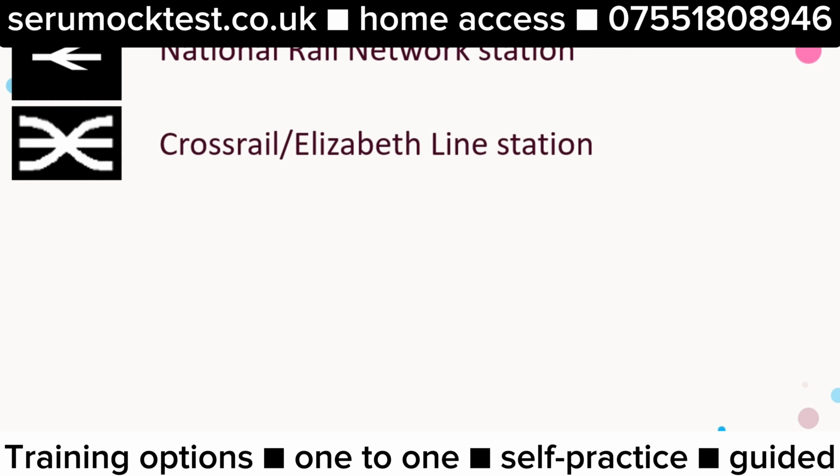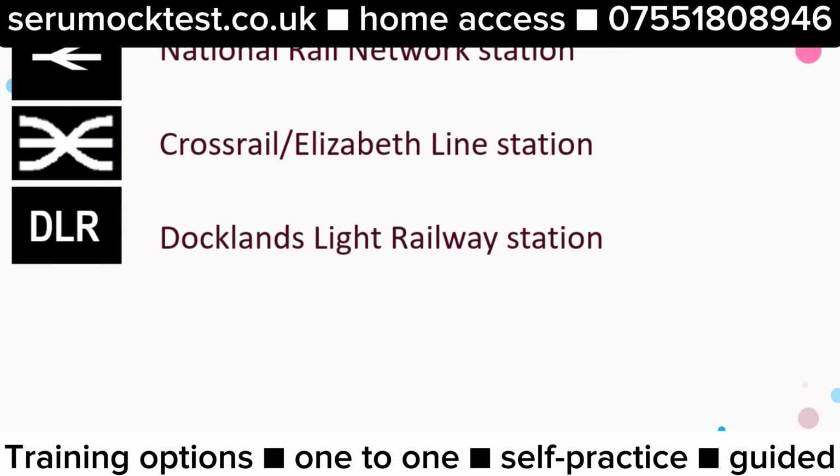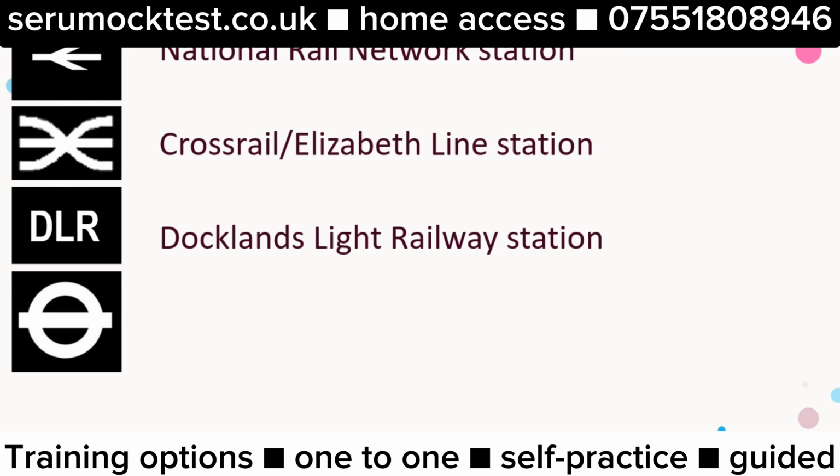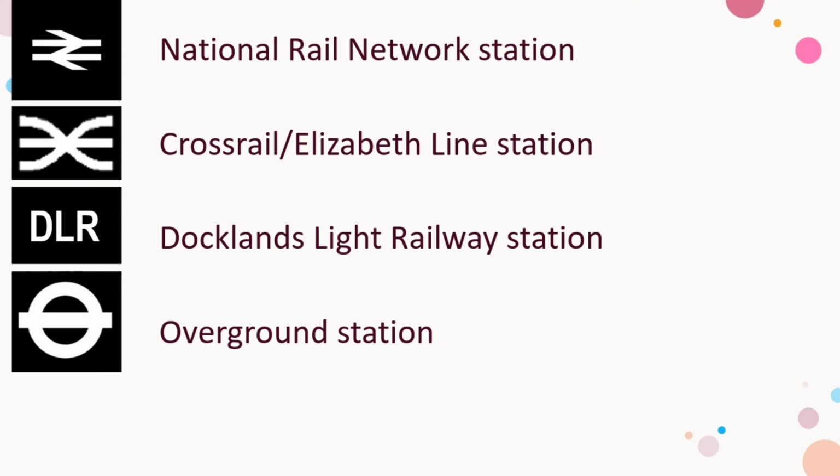This is Crossrail Elizabeth Line stations. This is the sign for Docklands Light Railway, which is DLR. And then we have London Overground station, and the last one is that big dot that we have just talked about, which is the London Underground station.